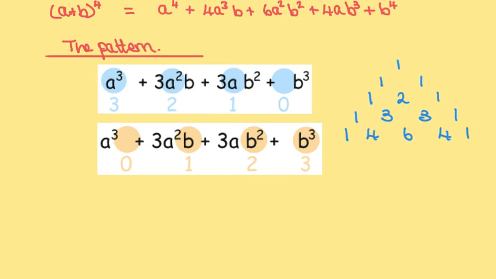I can clearly see that the fourth row of Pascal's triangle is 1, 3, 3, 1, which matches exactly the coefficients of our expansion.